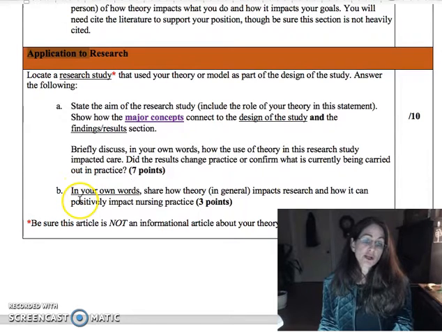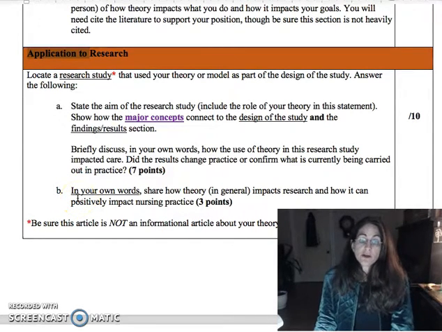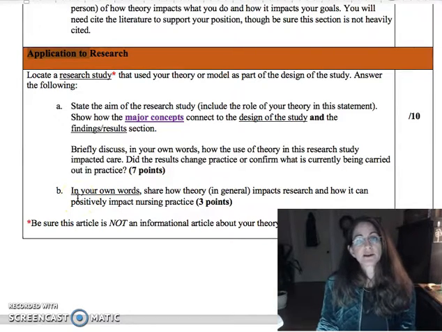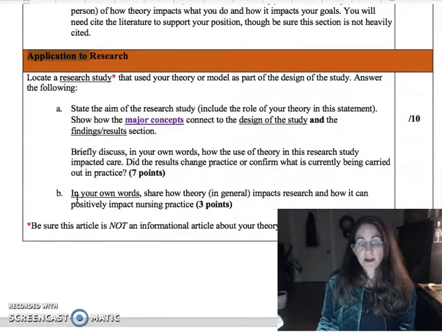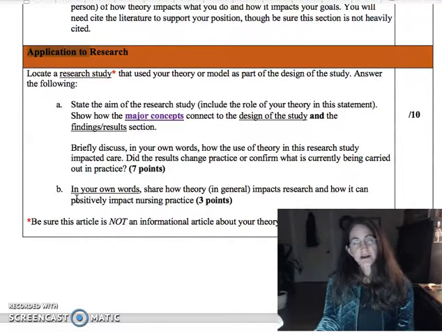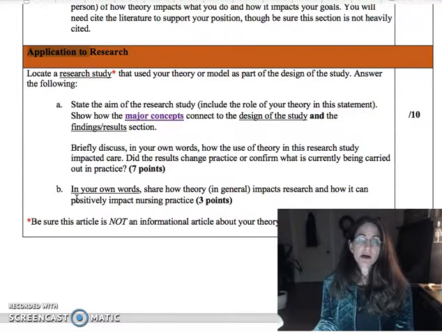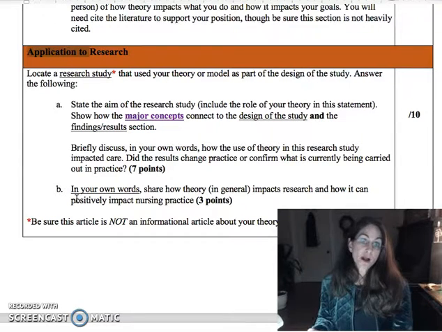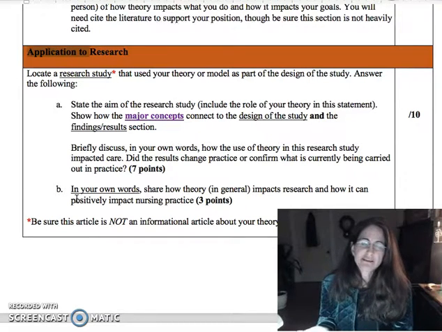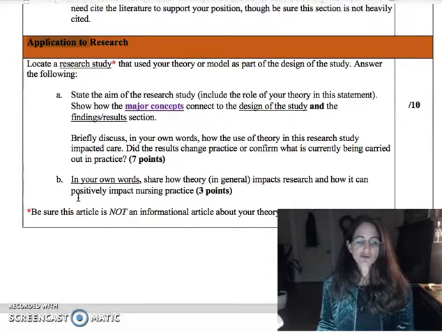And then letter B could be just another discussion, in general, about how theory and research work together. Okay? Because I understand that level 2 headings take up space in your paper, but they are necessary and used in publication when space is a problem, right? You can only have like 7 to 8 pages in a journal. So I do understand the concern about that.